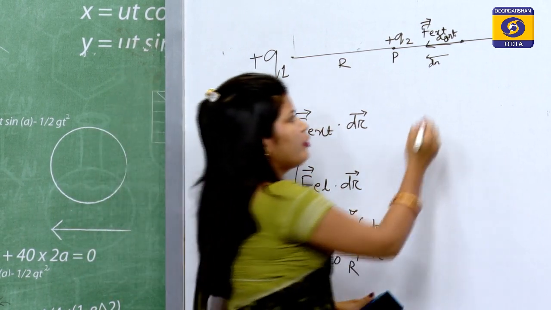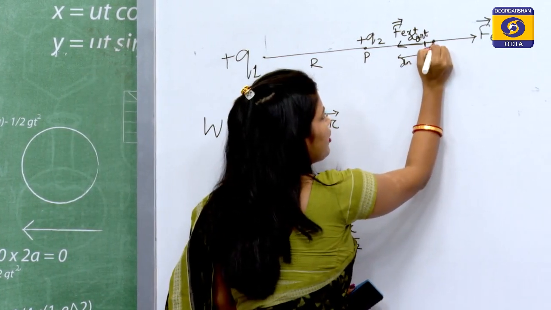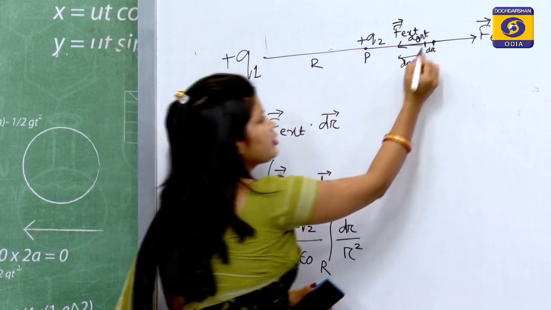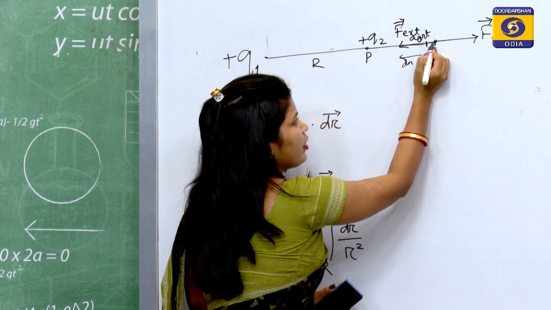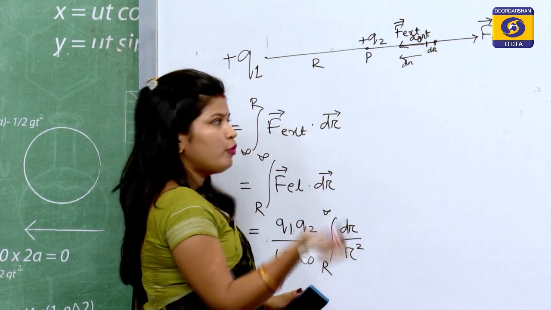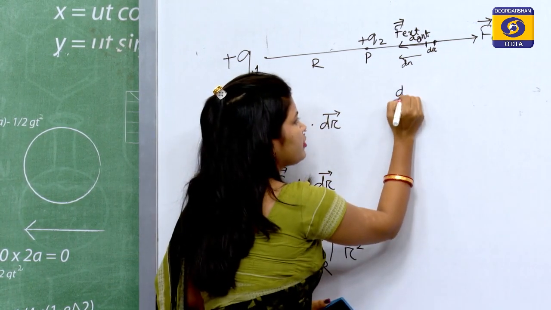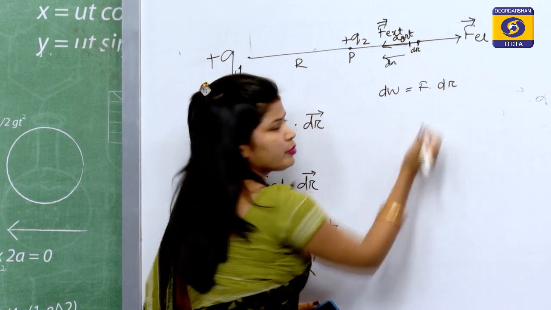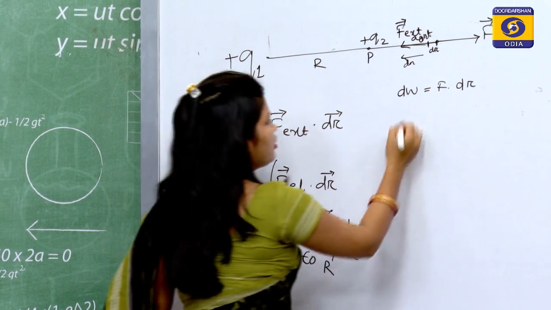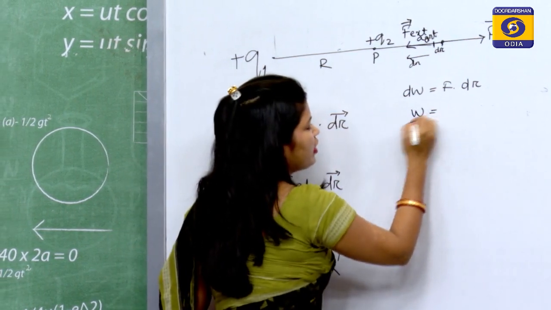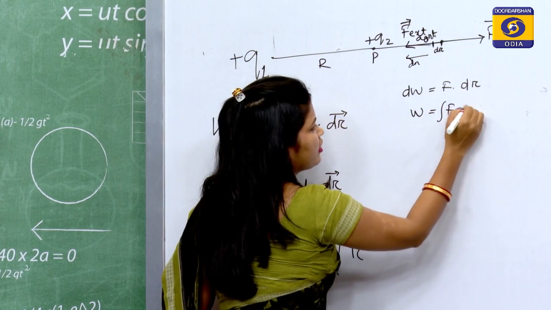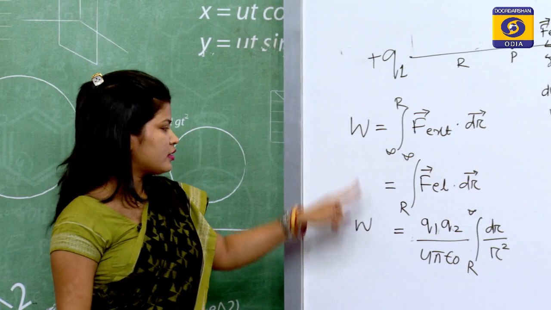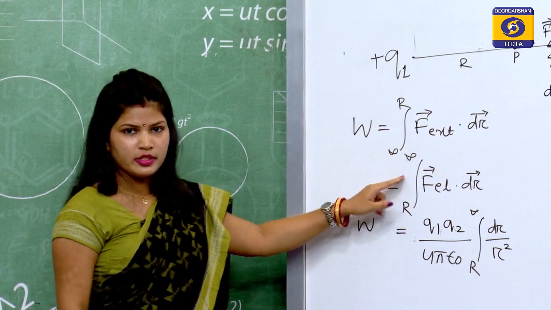That is why we are taking a very small displacement dr here, and in this small displacement force is the same everywhere. So, now we are permitted to put the formula W is equal to force into displacement. In order to get the total work done, I have to integrate, that is F dot dr. That is where the integration is needed.